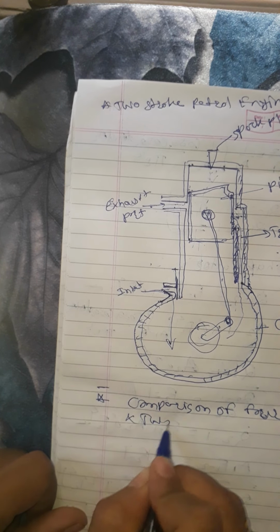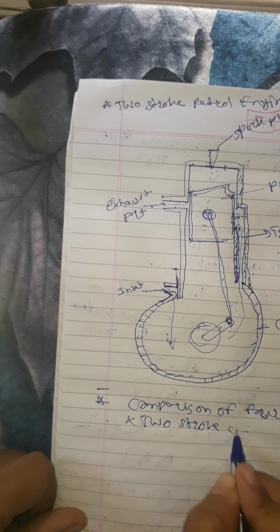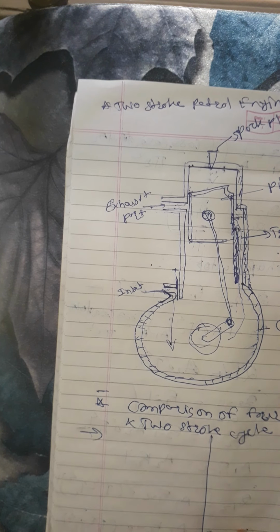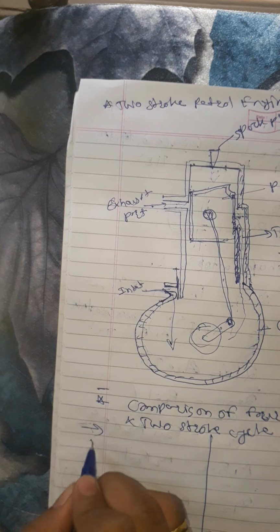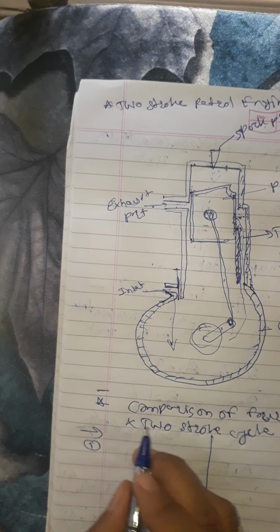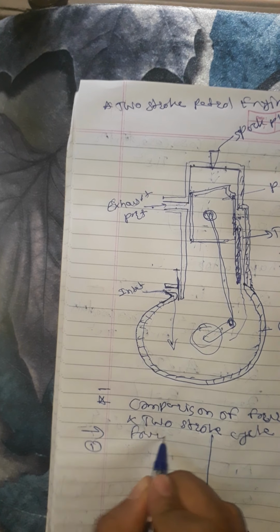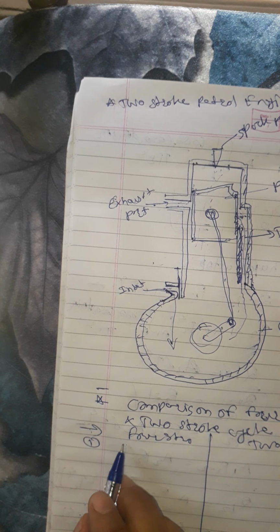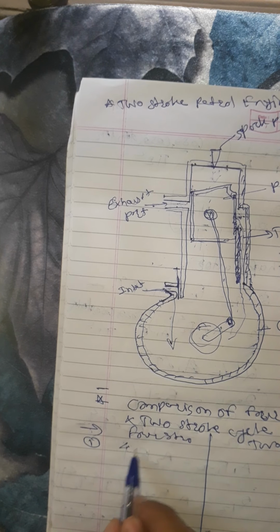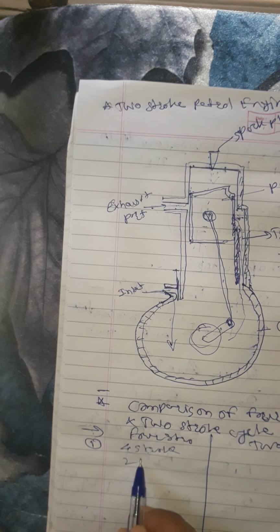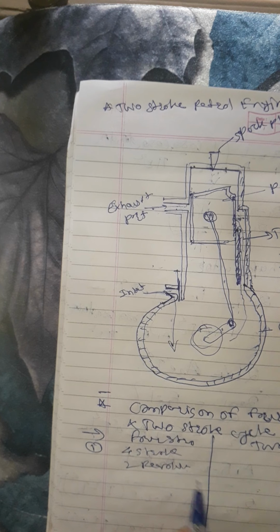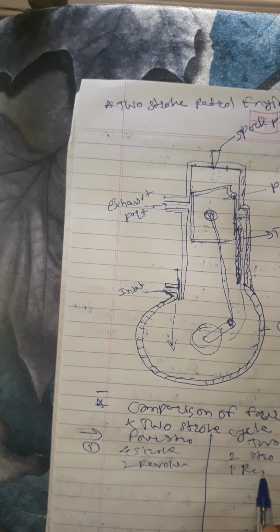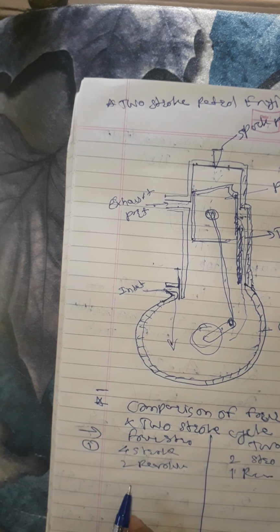I'll write the comparison in short. First, the cycle completes in 4 strokes and 2 revolutions of the crankshaft in the 4-stroke engine. In the 2-stroke engine, it completes in 2 strokes and 1 revolution of the crankshaft.